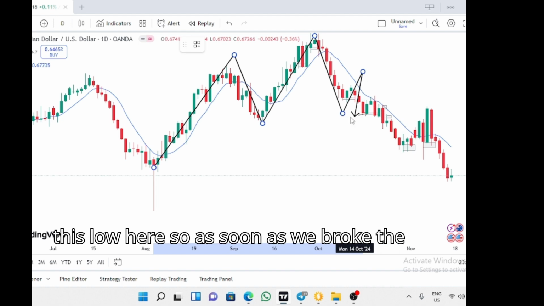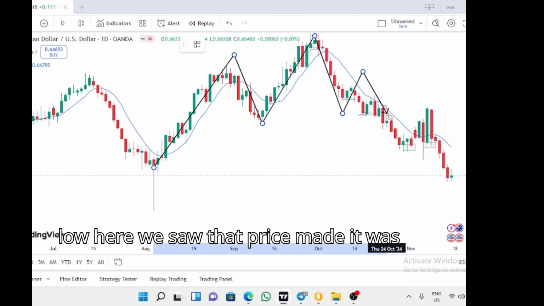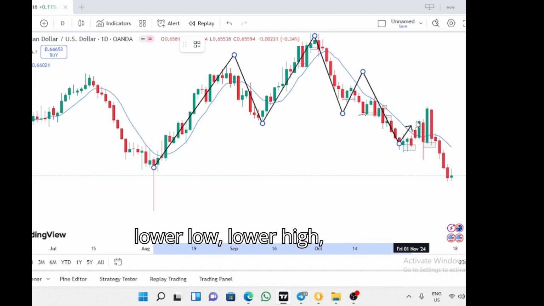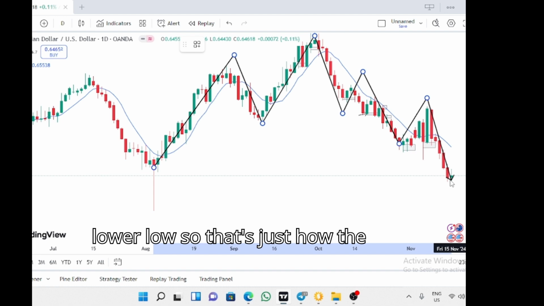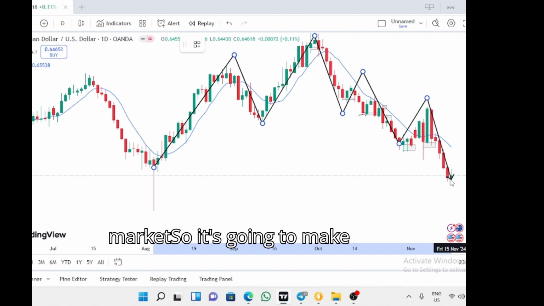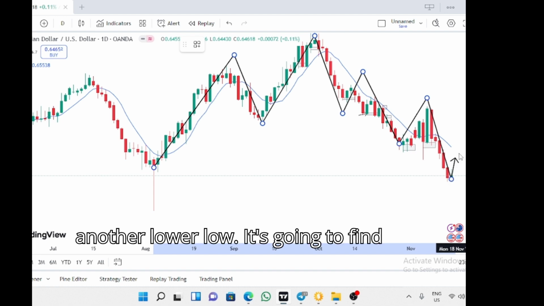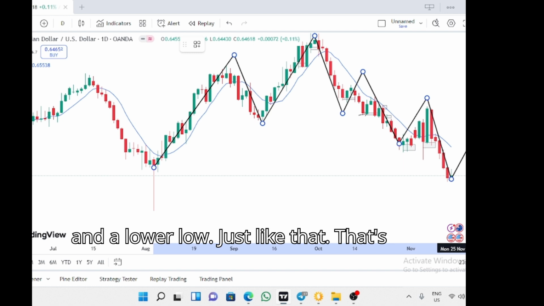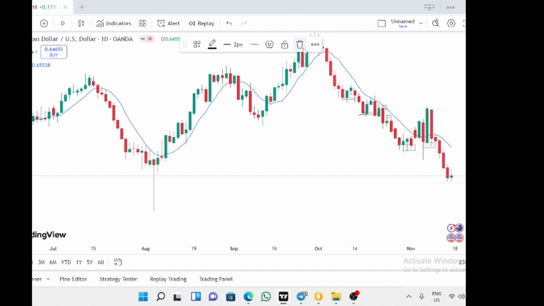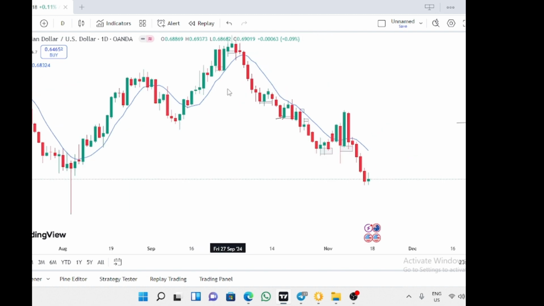As soon as we broke the low here, we saw that price made a lower low, lower high, lower low. That's just how the market moves. It's going to make another lower low, find another demand, and make a lower high and a lower low, just like that. That's how price moves. So that's it with the video.